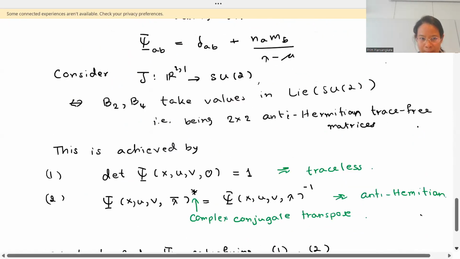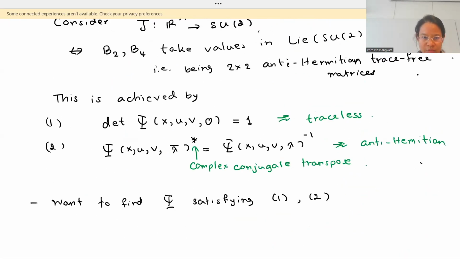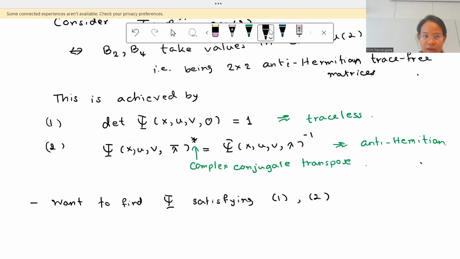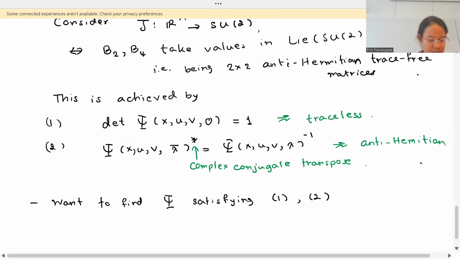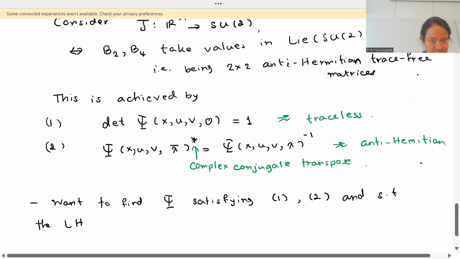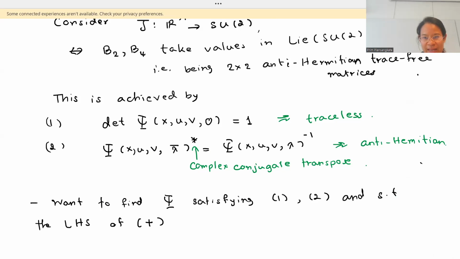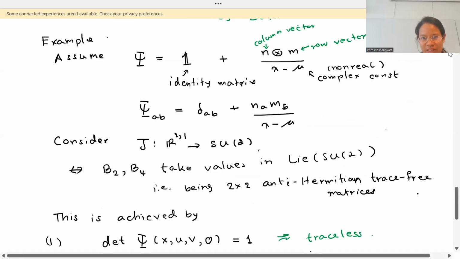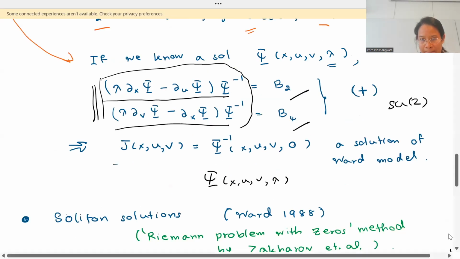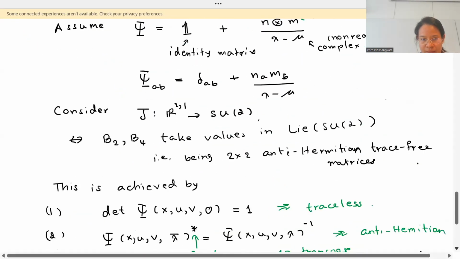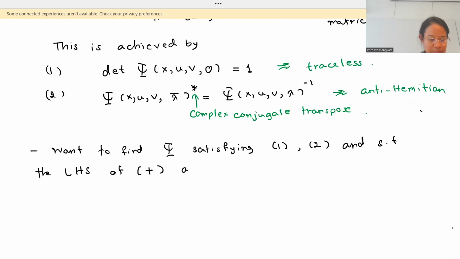So we want to find psi satisfying the first and second conditions here, and such that the left-hand side of the Lax pair, the equation that we just looked at, is independent of lambda.